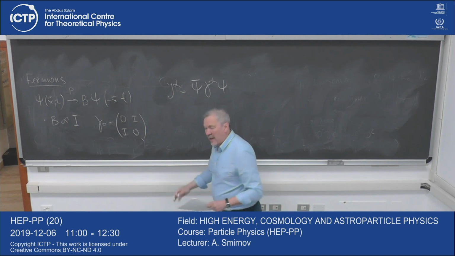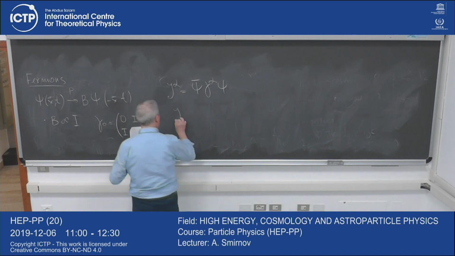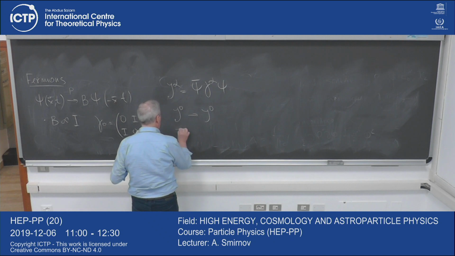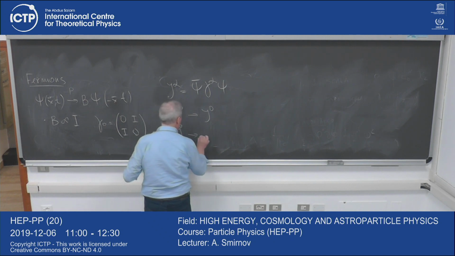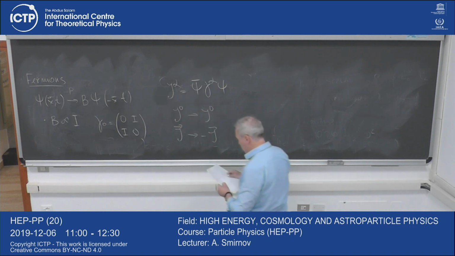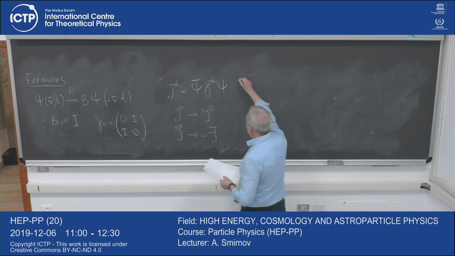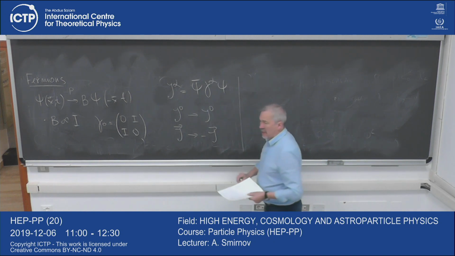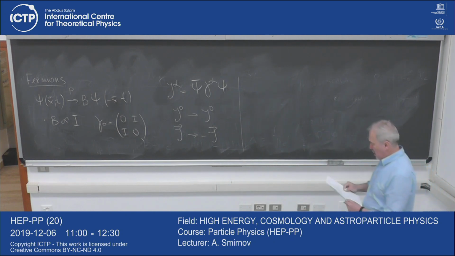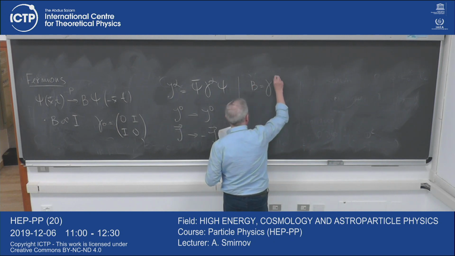To have a correspondence to what we had at the classical level, we need no transformation of the zero component, but the vectorial components of the current should change the sign. This leads uniquely, and I will not do this on the blackboard, I think you did this in the relativistic course, to B equals gamma 0.